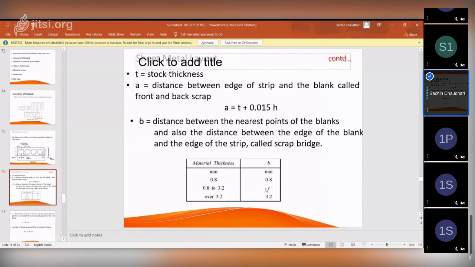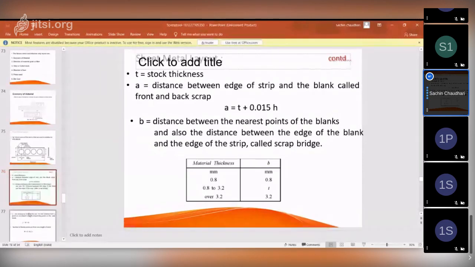And for sheet thickness above 3.2, the B distance you have to take is exactly 3.2 mm. Minimum 3.2 distance should be taken for the proper layout of your strip. So this is the B distance.